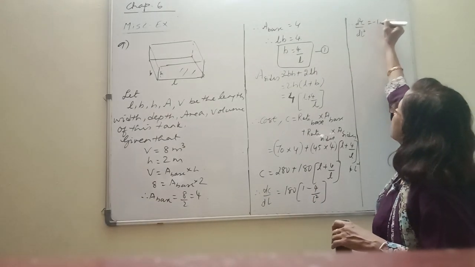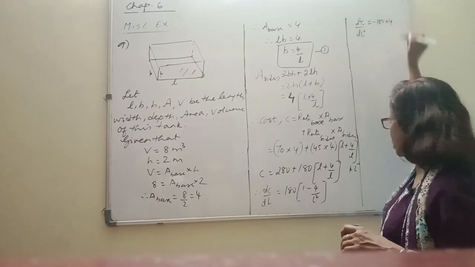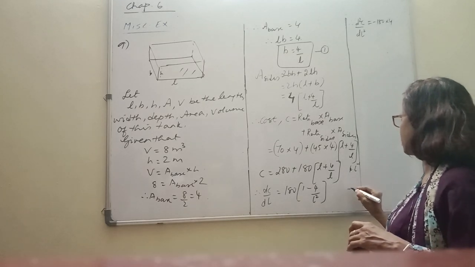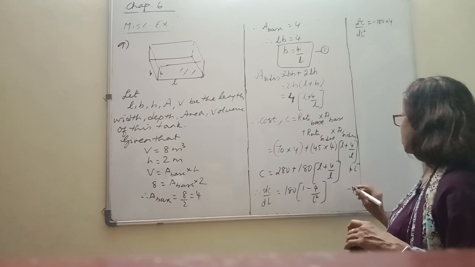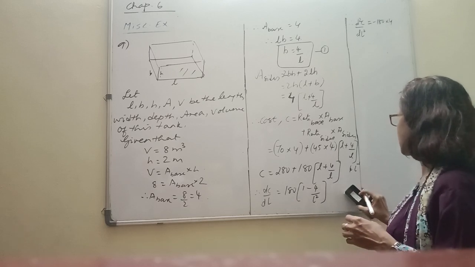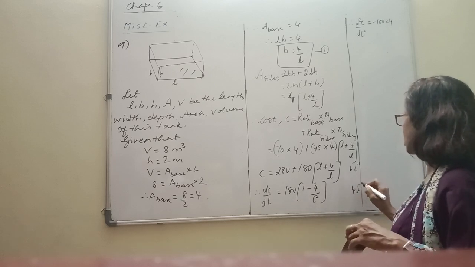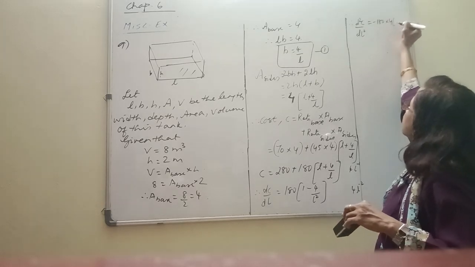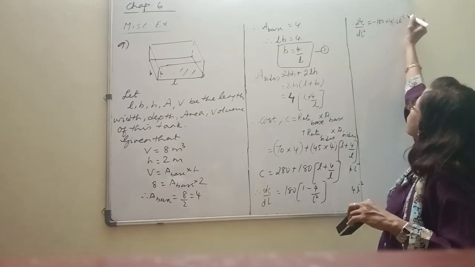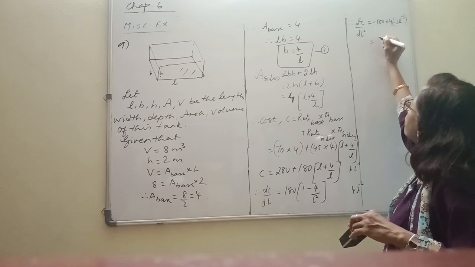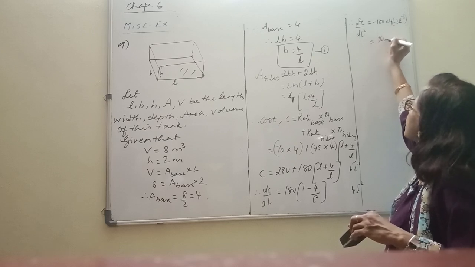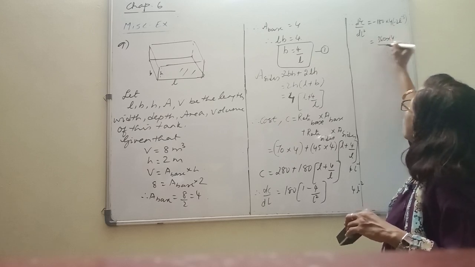It's going to be minus 180 times minus 4, and it is 4 times L raised to minus 2. So that is going to be negative 2 L raised to negative 3, or rather minus into minus is plus. So it's going to be 360 times 4 over L cube.